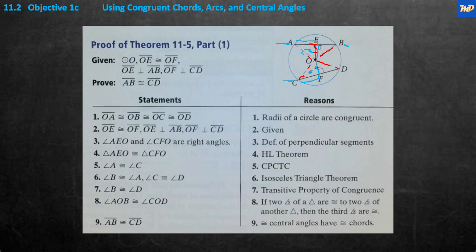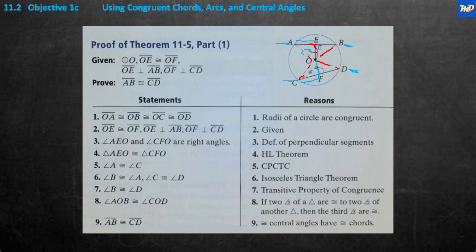Angle B and angle D, that's the angles over here on this side now, B and D, they are congruent because of the transitive property of congruence, which says that these parts are congruent over here in this triangle, and these triangles are congruent now, so these parts are also congruent because of the transitive property of congruence.